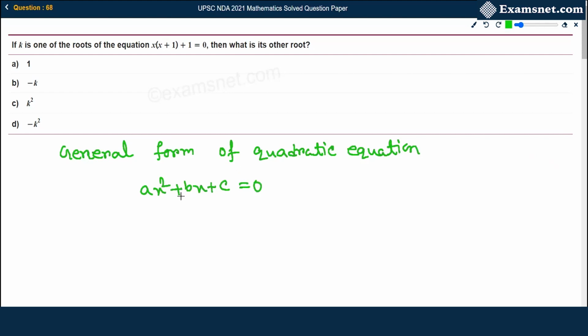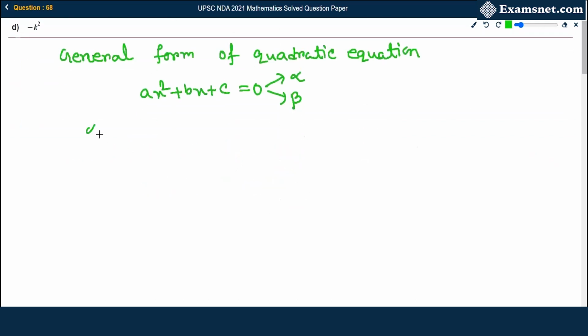And there are some relationships between the roots of the equation and the coefficients. If I assume the roots are alpha and beta, then the sum of the roots equals minus b by a, and the product of the roots equals c by a.